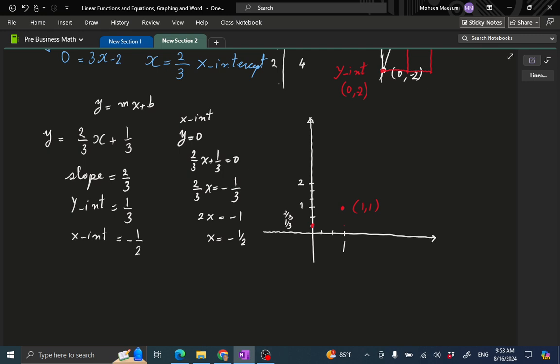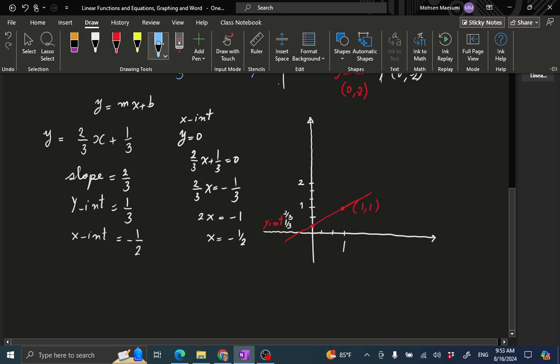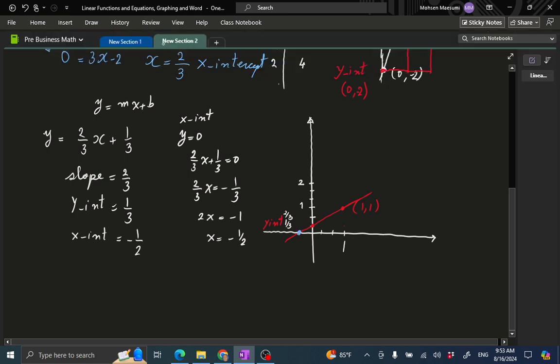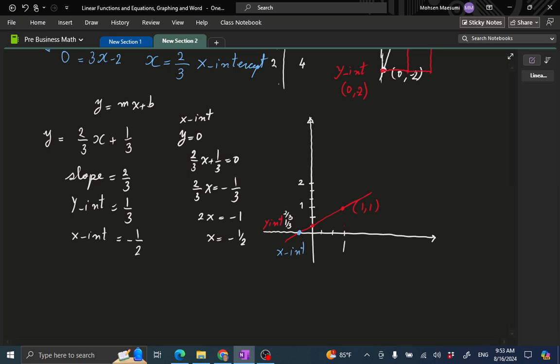So I have 2 points of my line. Now I can draw the line. So this is going to be the line. So that was my y-intercept. And then here I'll mark the x-intercept of it, which we found out is at minus 1/2. So minus 1/2 is where the y is 0.